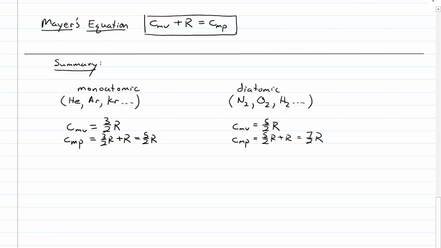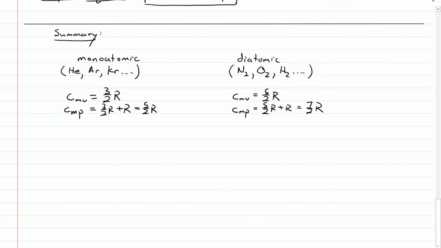Finally, there's a handy combination of constants which shows up a lot, and it's called gamma. It's the ratio of CmP divided by CmV. You know it's got to be bigger than 1 because we know that CmP is bigger than CmV. It's called the adiabatic index.